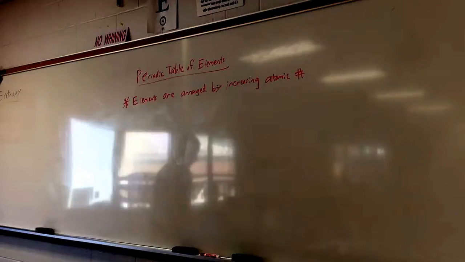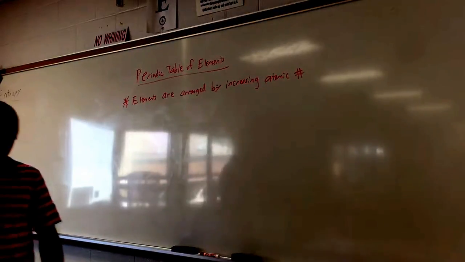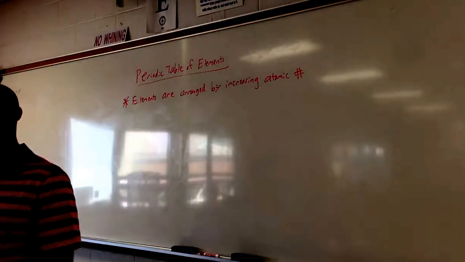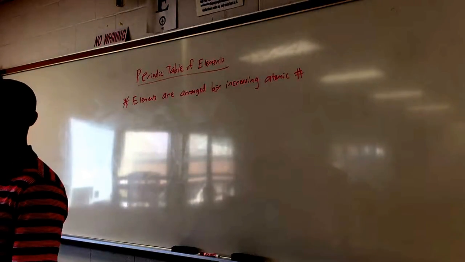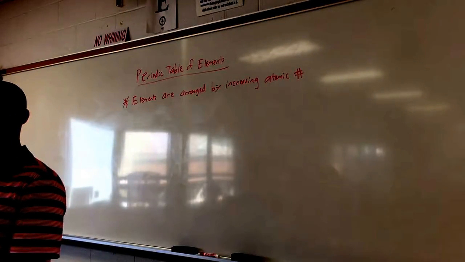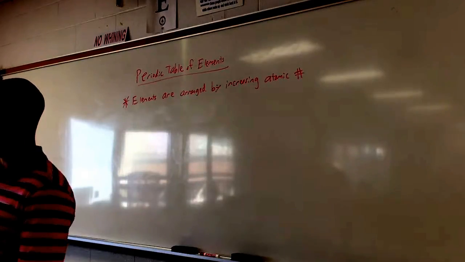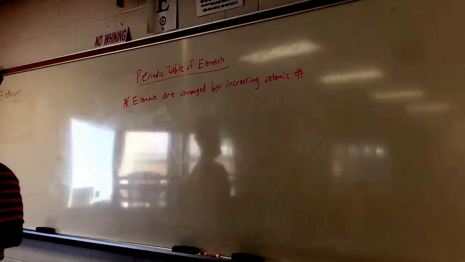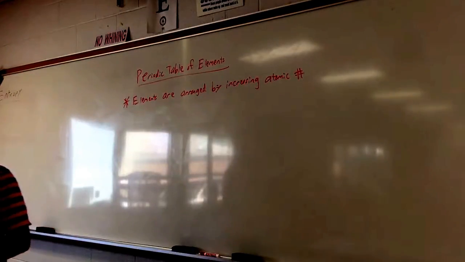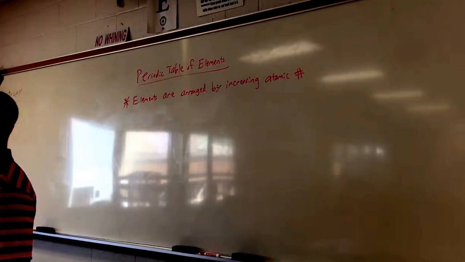You can handle that. Go to that sheet with the circled elements. If you don't have it, just look to the side as I point at it. I believe all of them are circled except In, Sn, and Tl.